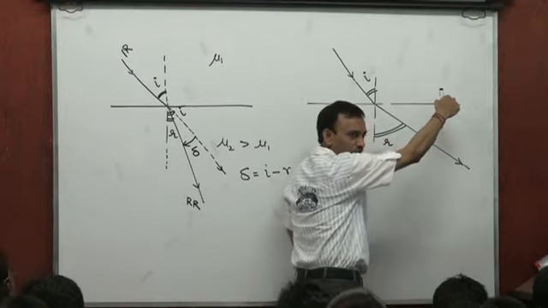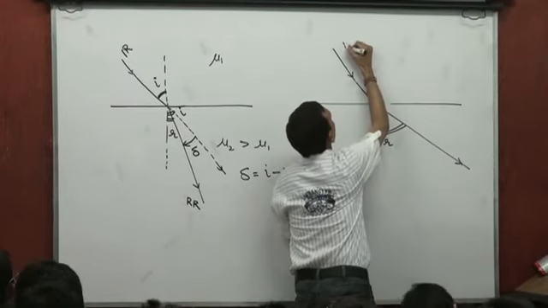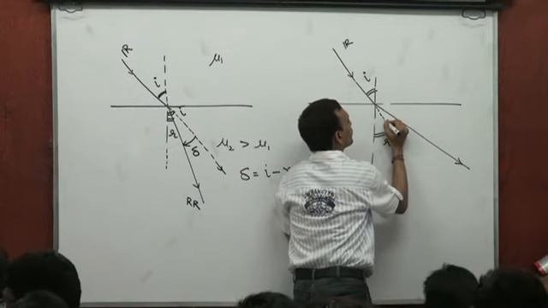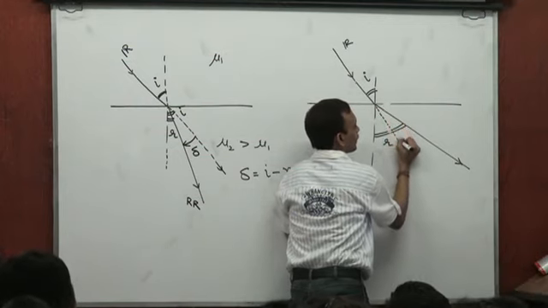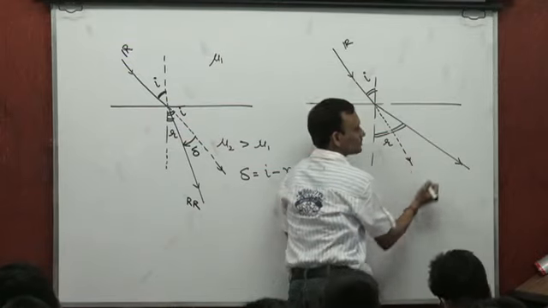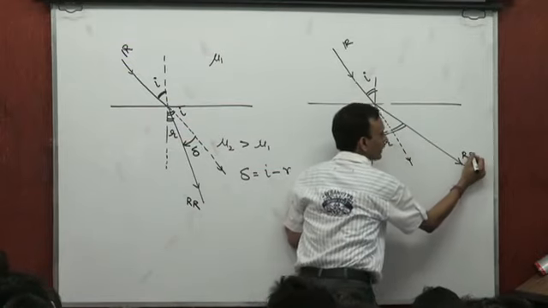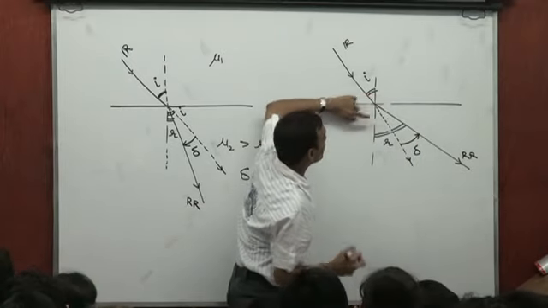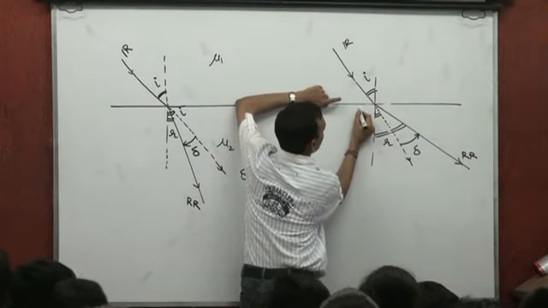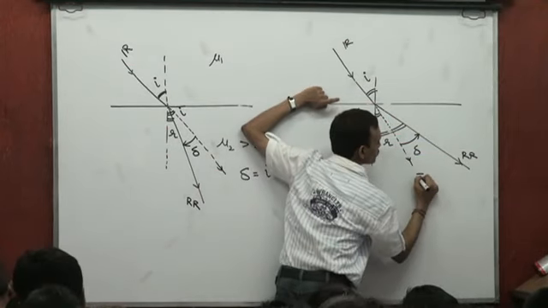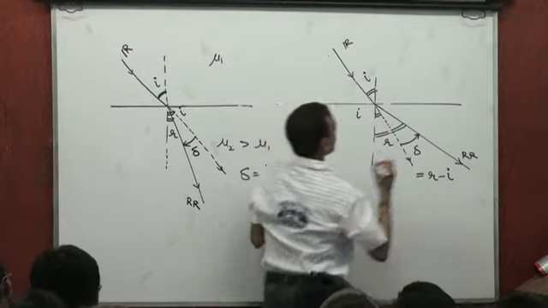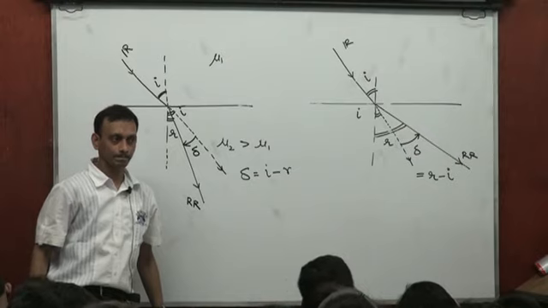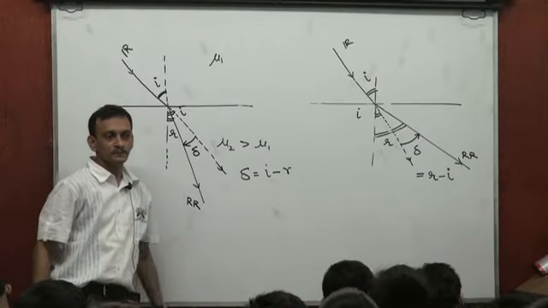If refraction had not occurred, this incident ray would have gone this way, but now it goes this way, right? So the deviation produced is this delta, which is going to be R minus I, because this vertically opposite angle is I. Deviation is going to be R minus I. Clear?